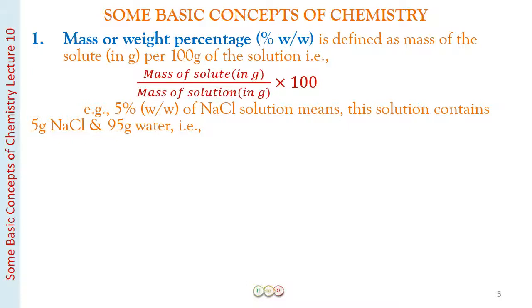As it is the mass of the solute per 100 gram of the solution. So if 5 gram is the solute, 100 gram is the solution, so the weight of the solvent water would be 95 grams. So this is 5 over 95 plus 5, multiplied by 100, making it 5%.